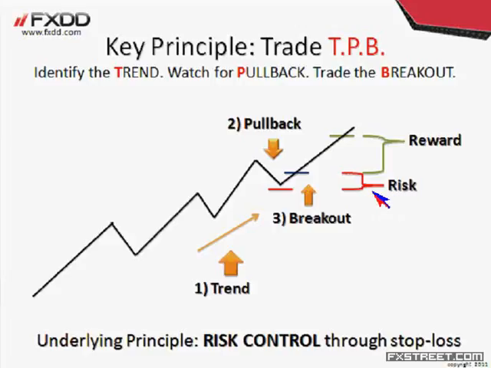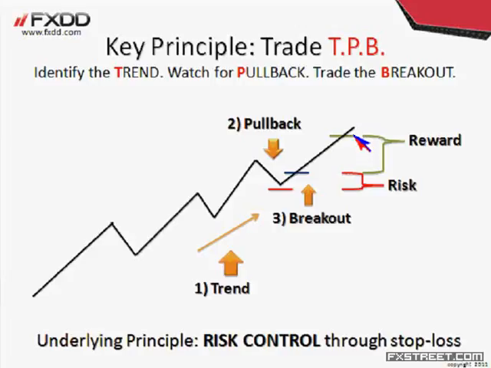So right over here, I have this bracket here in red that talks about risk. That's your risk. And at that point, not only can you choose your stop loss, once you have your defined risk, then according to your reward to risk ratio, risk reward ratio, whatever you want to call it, you can set your reward.